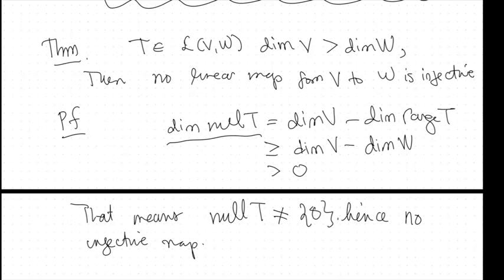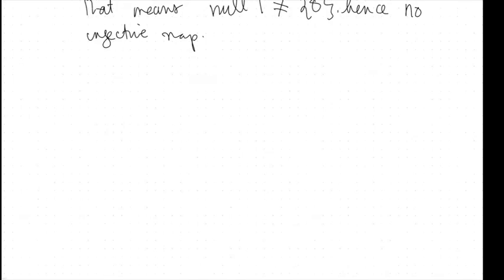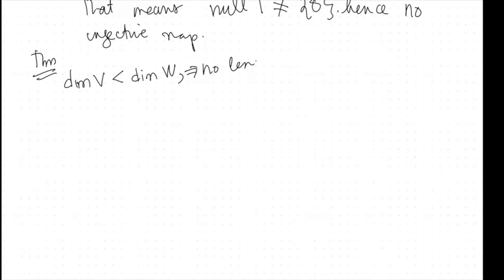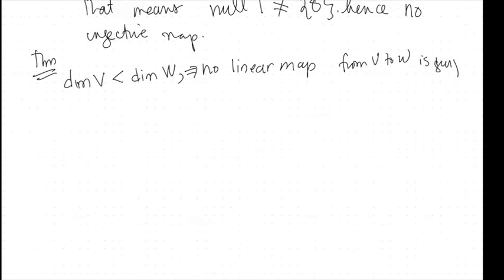And at the same time we also have, as a continuation, if the dimension of V is strictly less than the dimension of W, then no linear map from V to W is surjective.